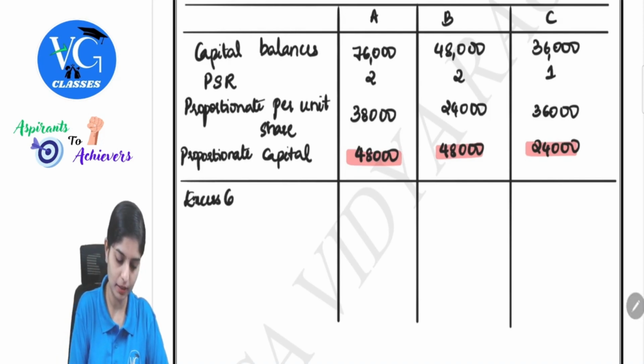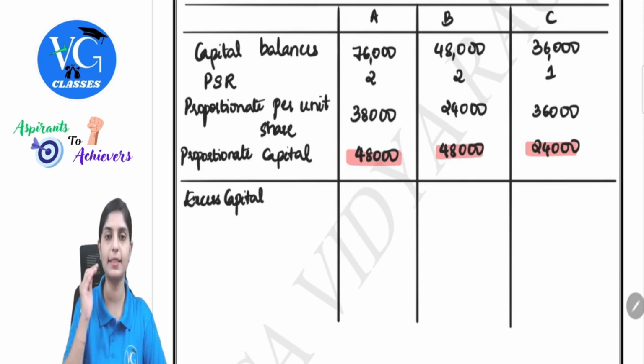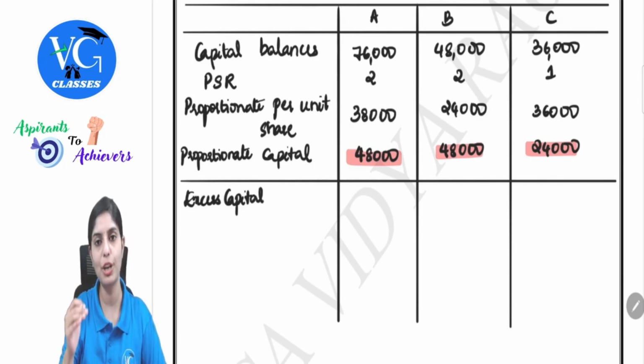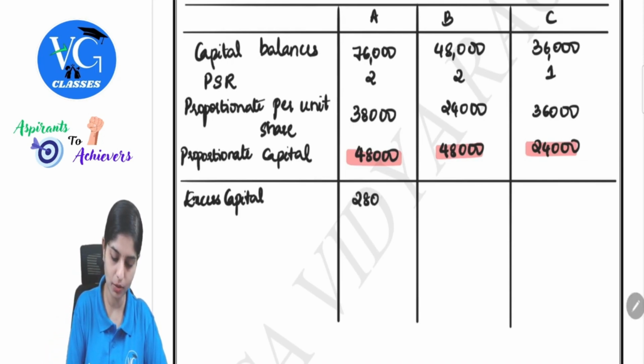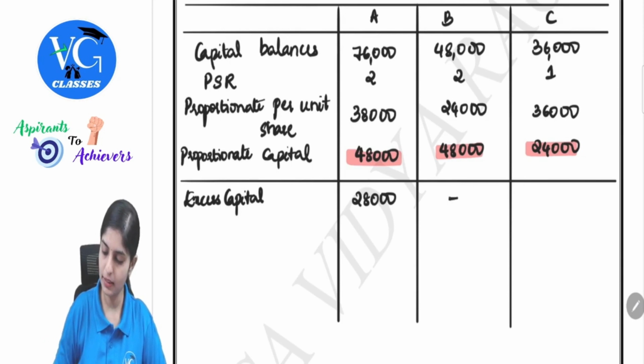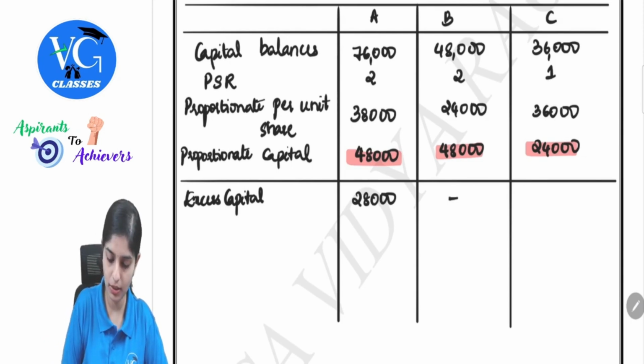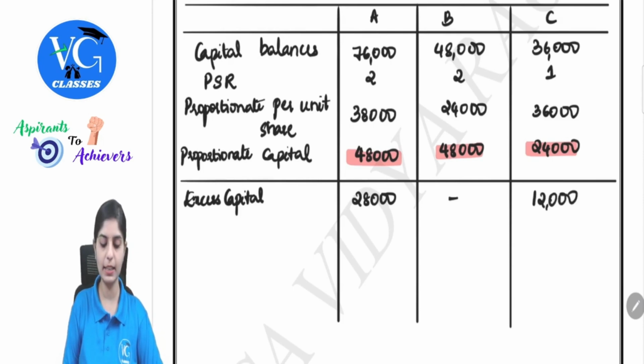Excess capital: comparing this with the existing capital balance and what should have been the proportionate capital. So 76,000 minus 48,000 is 28,000. 48,000 is compared with 48,000, so there is no excess. 36,000 minus 24,000 is 12,000. So these are the excess capitals of A and C.